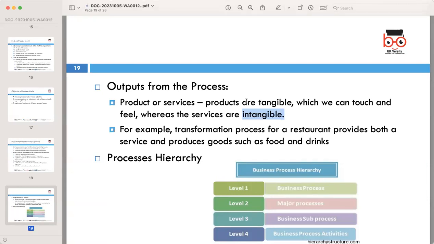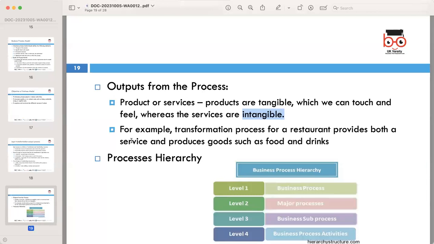But intangible is like business consultancy or finance; you can't see my service. I only provide services. Like I'm teaching you, it is a service but not tangible. You can't see anything, I'm not giving you any physical things.